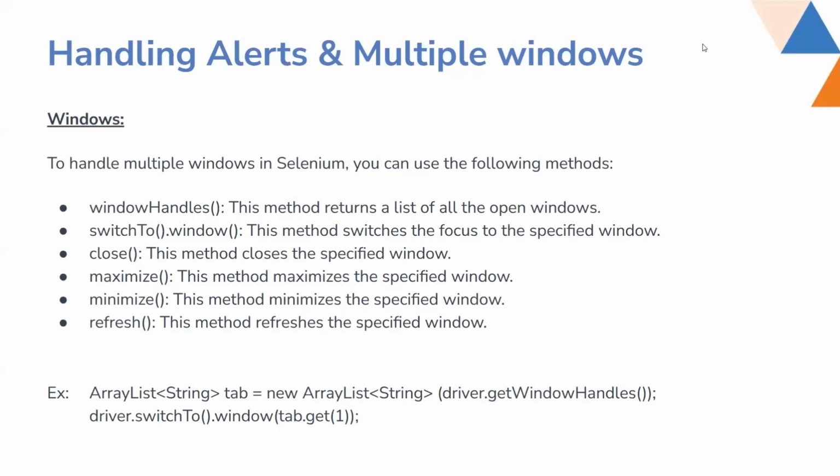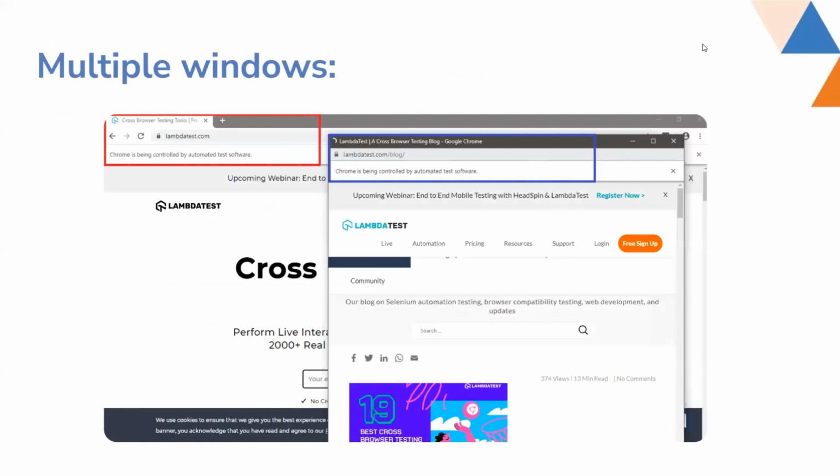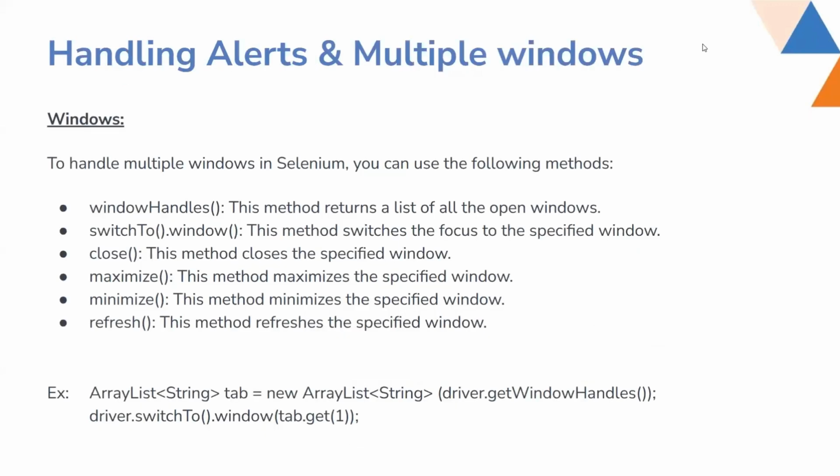This can be helpful for a variety of tasks, such as testing different scenarios or comparing different versions of a website. As you can see, one main window is there and there is another window overlapping the main window. To handle such windows, you can use the getWindowHandles method.